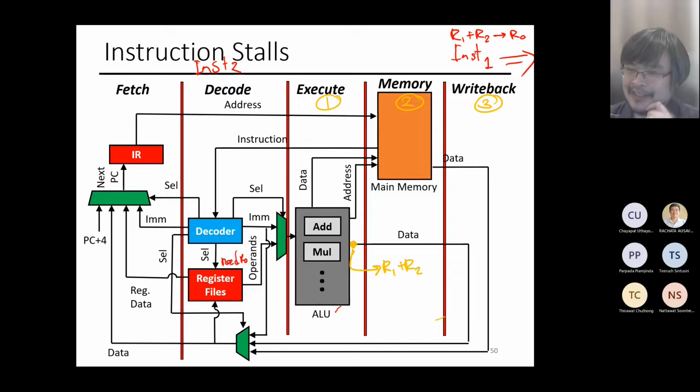So everyone agrees that in the execute stage the output of my adder is the new R0, right?